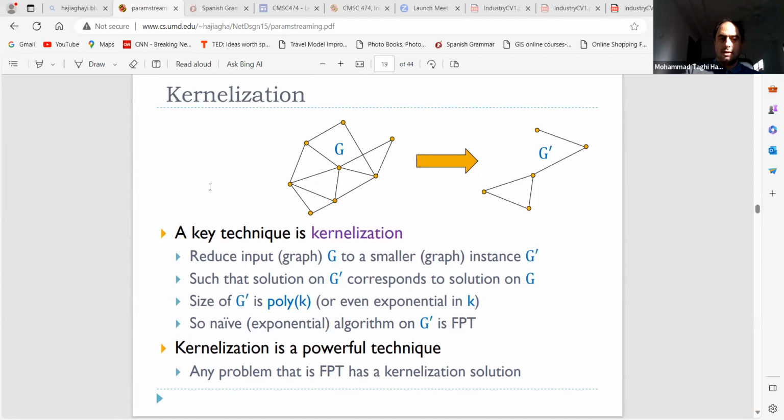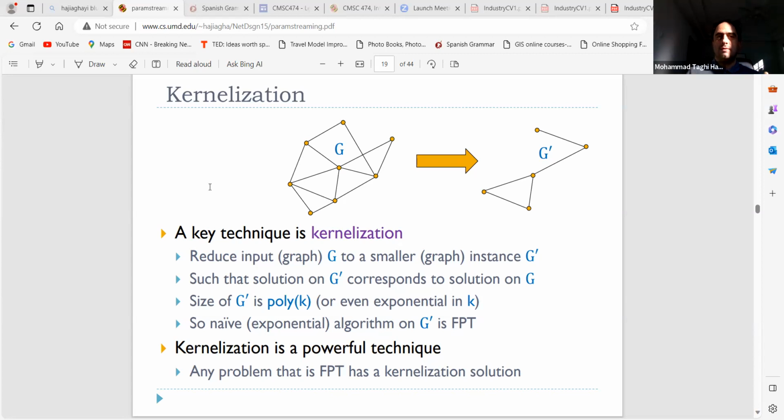We talk about kernelization, which is when we are considering a graph and reducing it to a much smaller graph, such that if the size of the optimum solution is k, which is generally the parameter that we are talking about, then the size of this new graph G prime, which is in some sense the sketch or kernel, these are very similar to each other, should be f of k.